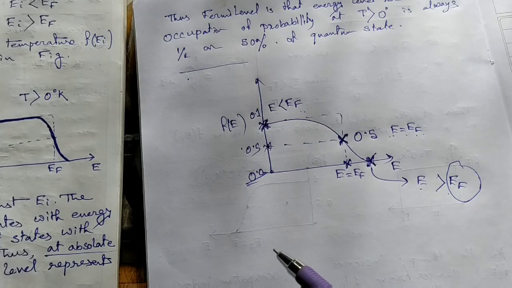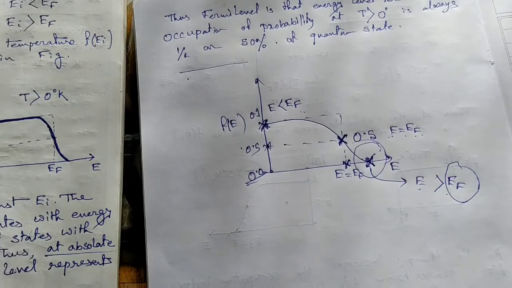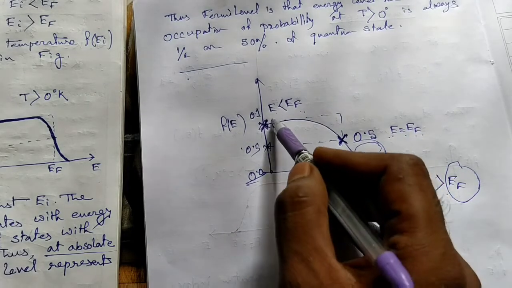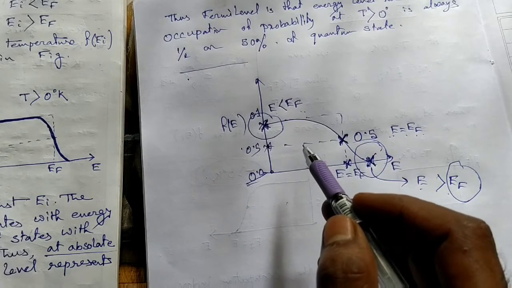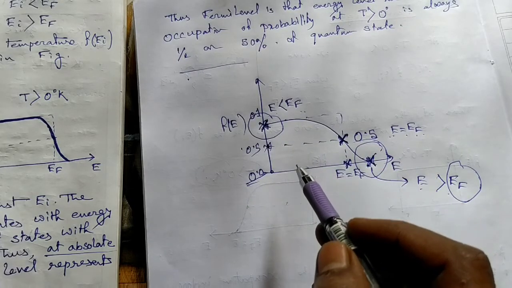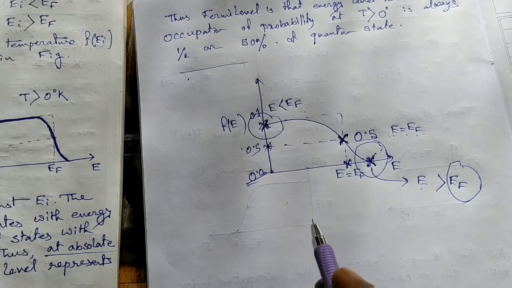That's why those electrons are freely available in this system, and this is the condition for the free electrons. This is the condition for all electrons occupying their quantum state or every specific orbit. Is it clear for everyone?